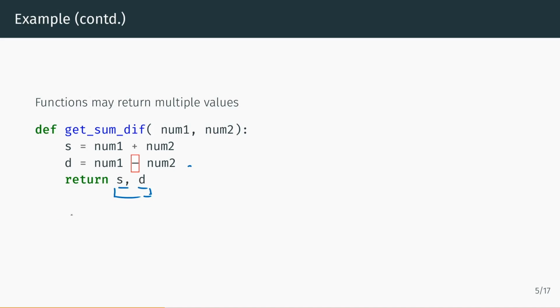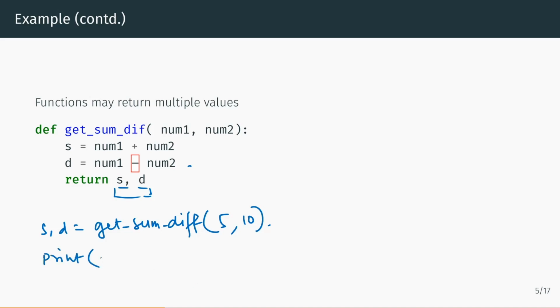You would have S comma D equals get sum diff, and then two numbers, let's say 5 comma 10, and then let's say you print S comma D, and that will print 15 and a space and then -5.